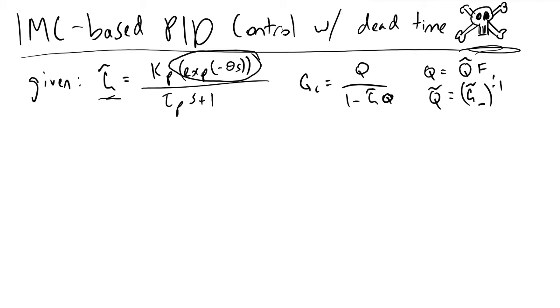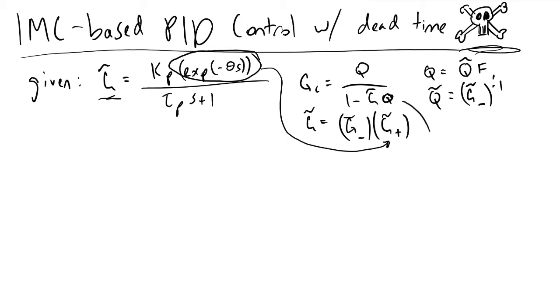And G tilde we could decompose into its stable portion, which was G tilde minus, and its unstable portion, G tilde plus. And so in this case, because we now have this dead time component, that's where we're going to toss it into our G tilde plus area.